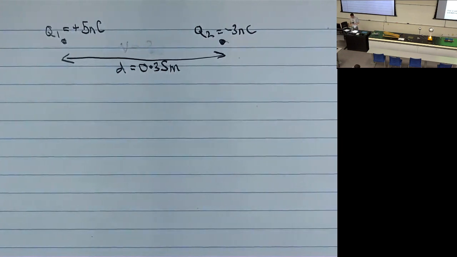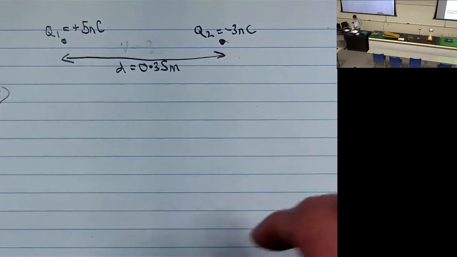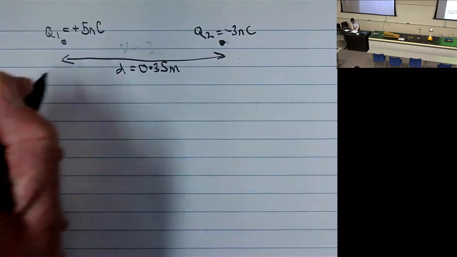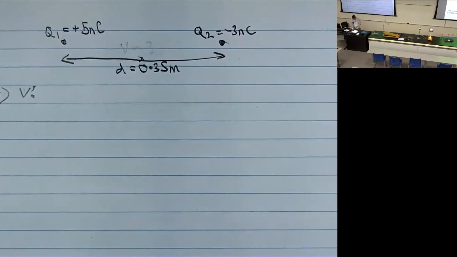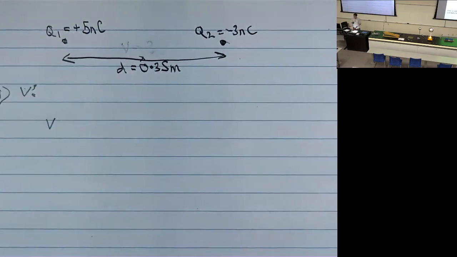The first question was, in this arrangement of charges, which I've actually drawn already to save me some time, I've got to figure out the potential at the midpoint. So the midpoint is somewhere here. But what's that potential going to be? Well, this is a good example of a property of potentials that is similar to the property of fields, which is similar to the property of forces in electricity, that potentials superimpose, like fields superimpose, like forces superimpose.